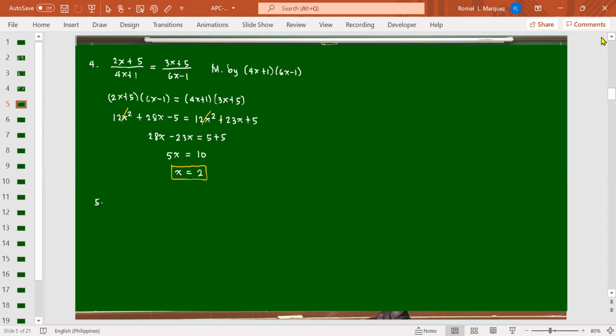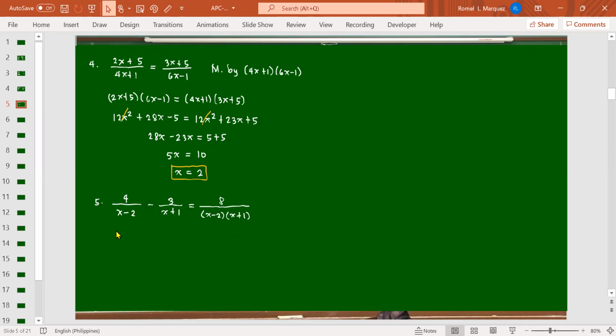Let's have number 5. So for number 5, we have 4 over x minus 2 minus 3 over x plus 1, and that is equal to 8 over x minus 2, x plus 1.